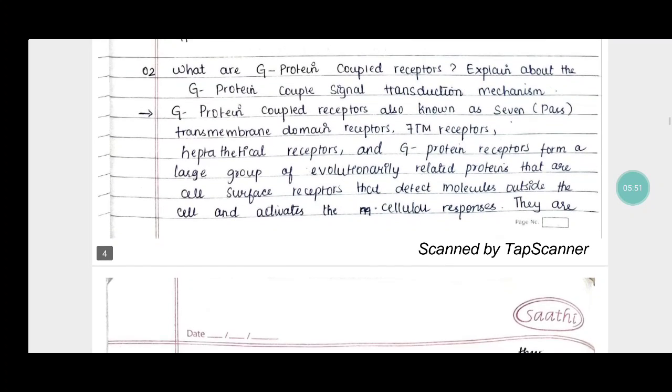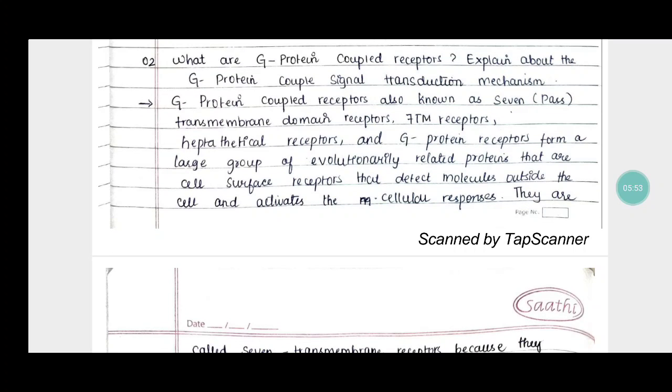So coming to the next question, that is question number 2. What are G protein coupled receptors? Explain the G protein coupled signal transduction mechanism. G protein coupled receptors are also known as 7-pass transmembrane domain receptors.